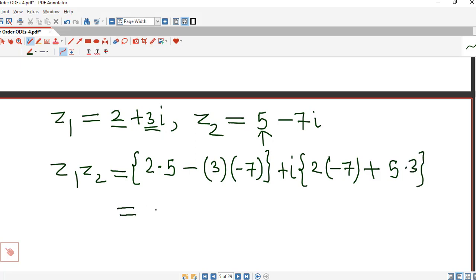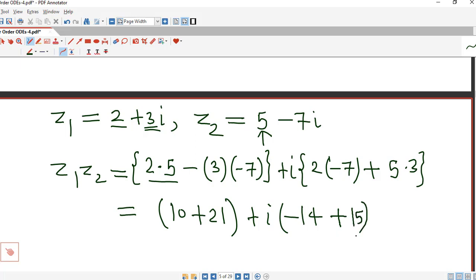This we can simplify. This is going to be 10 plus 7 into 3, 21, negative negative positive, plus i times minus 14 plus 15.